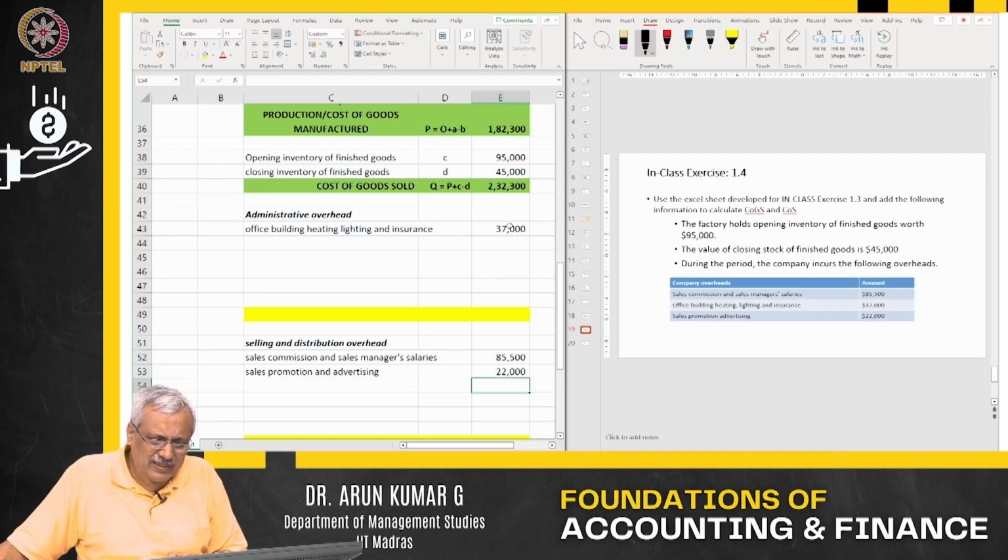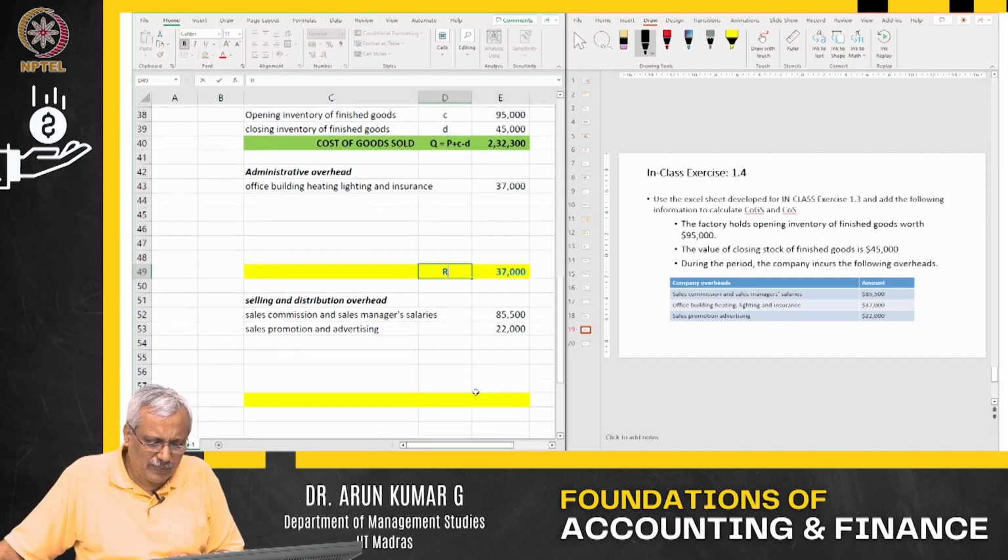Now, let me look at the total of the administrative expenditure in this particular case. The total of the administrative expenditure is only so much, so I will say PQR. Then my total selling and distribution expenditure is these two put together, that is PQRS.